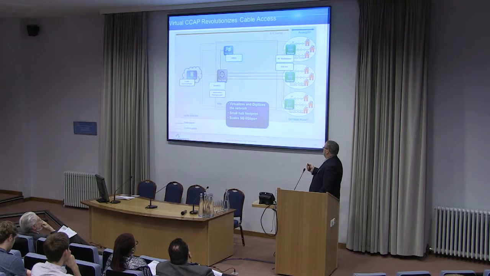So we've moved both the DOCSIS functionality and the RF modulation out of the chassis, from the line card in the chassis, into what we call an ether node. That ether node replaces the traditional fiber node in the street furniture, and that delivers the signal. So a couple of things to say here. Can anyone point out what's missing? What else have I taken out of the network here?